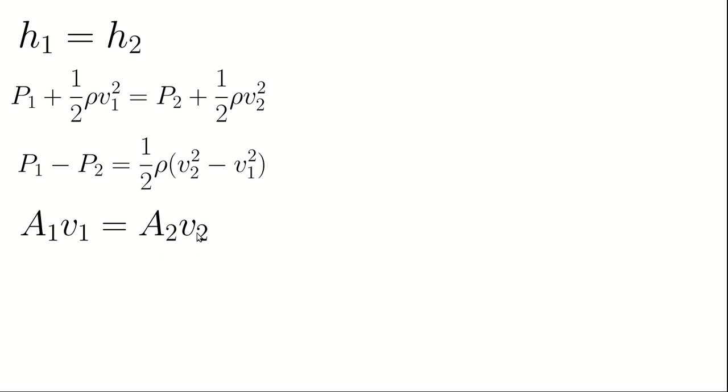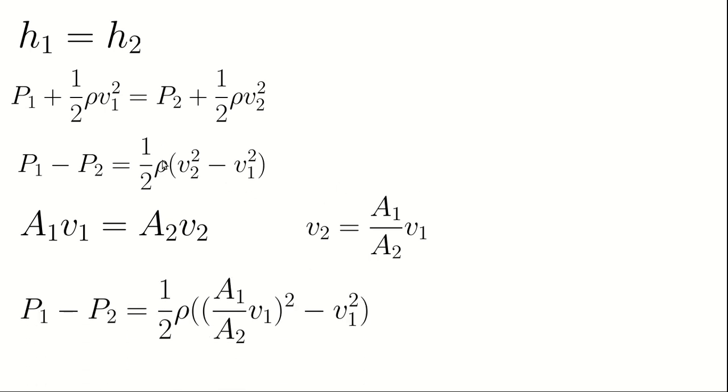So if we make V2 the subject of the formula, we have V2 equal to A1 over A2 times V1. Then by the time we replace this V2 inside this equation, we'll have this next expression.